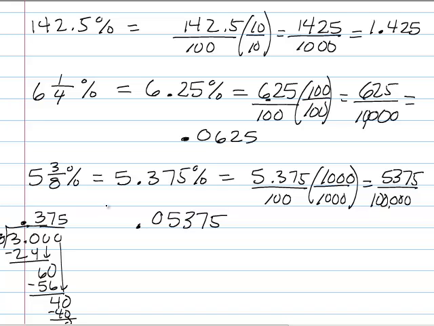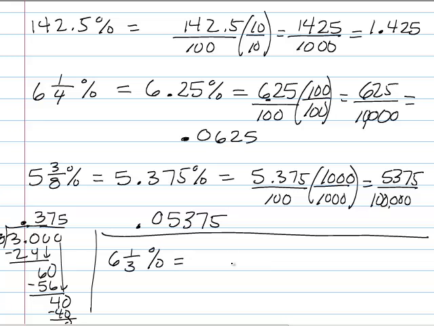So we can look at writing a repeating decimal. We'll do one more example here. What if we have 6 and a third percent? Well, that is the same as 6.3 repeating. We know that percent. We're going to write that over 6.3 repeating over 100.